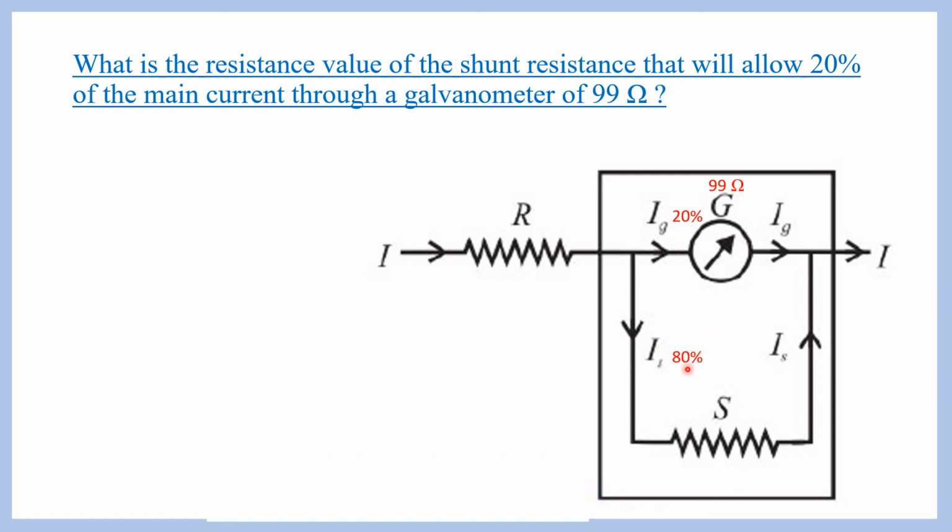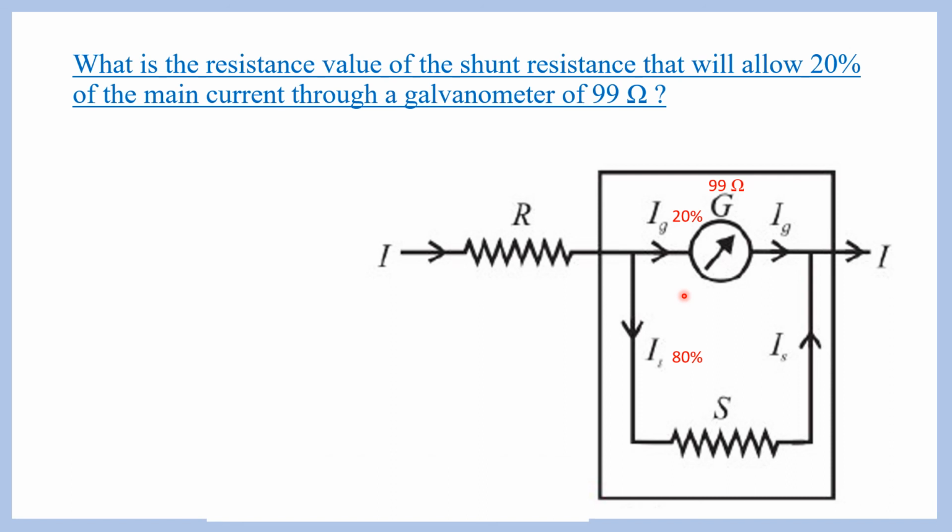This shunt will allow the current of 80% to pass through the shunt. So we have to select the shunt in such a way that 80% is passing through the shunt and only 20% is allowed to pass through the galvanometer, so that the needle is not damaged.